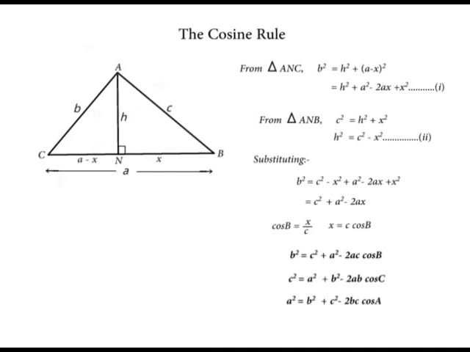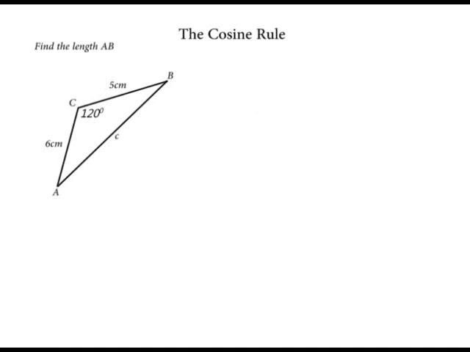Let's take an example. Find the length of AB in this triangle. Using the cosine rule, we express the unknown side in terms of the other sides. And so c squared is equal to a squared plus b squared minus 2ab cos C. That is equal to 5 squared plus 6 squared minus 2 times 5 times 6 times cos 120.